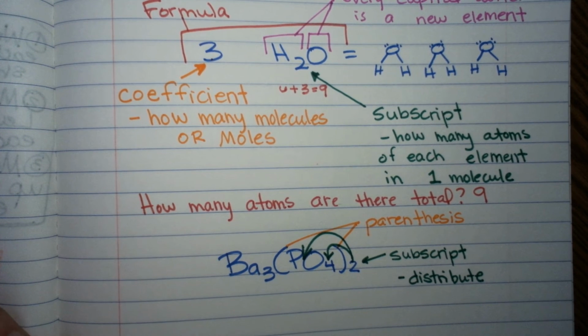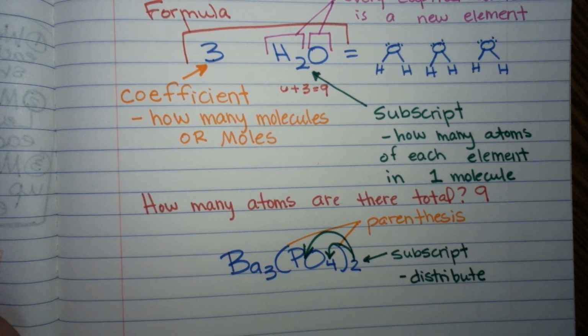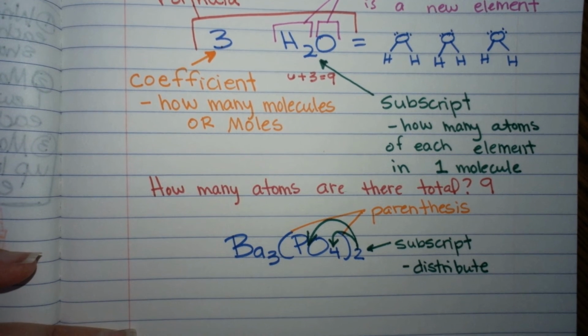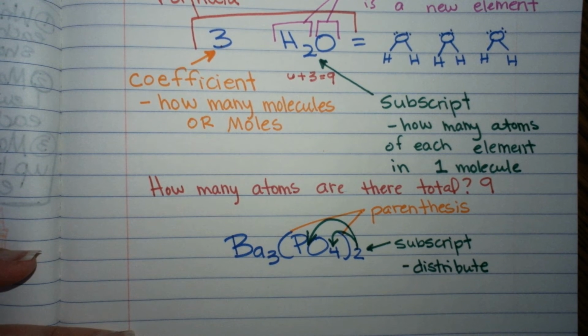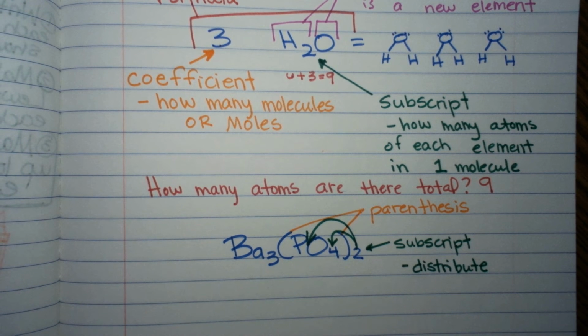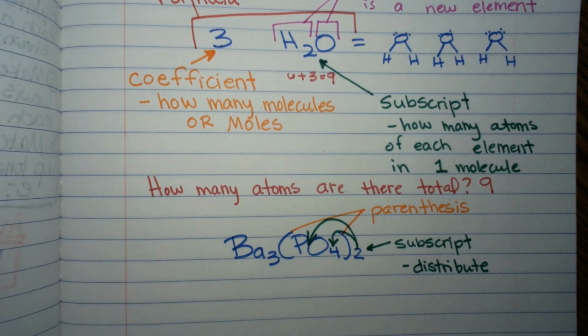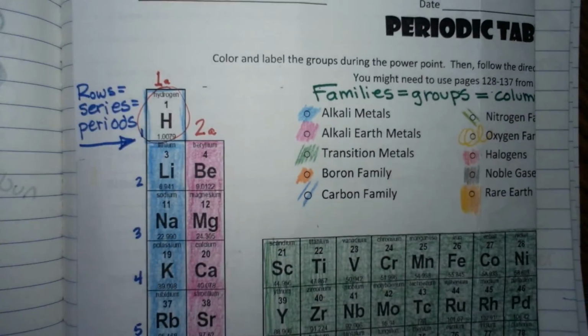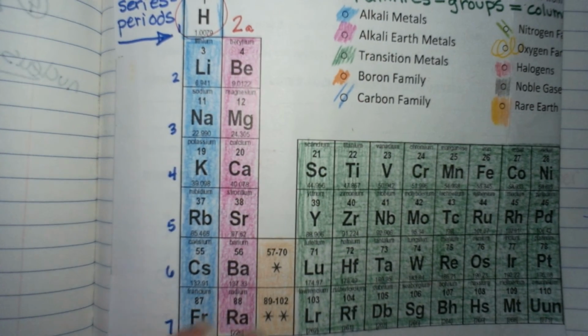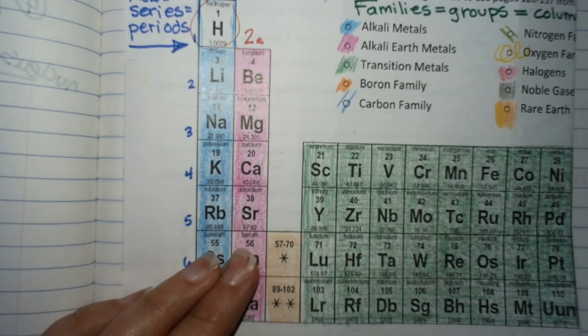So when we go to count these atoms, first of all, what elements do I have? I know that Ba is barium. If you don't know that Ba is barium, where are you going to go to find that? Periodic table. So we're going to come back to our periodic table. There's Ba, barium is my element.